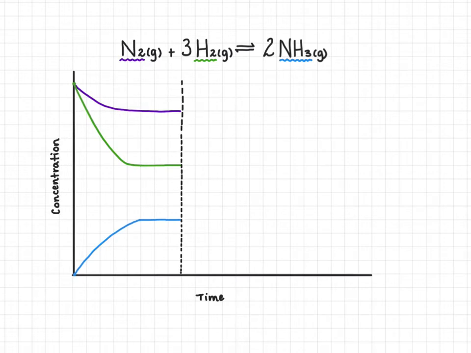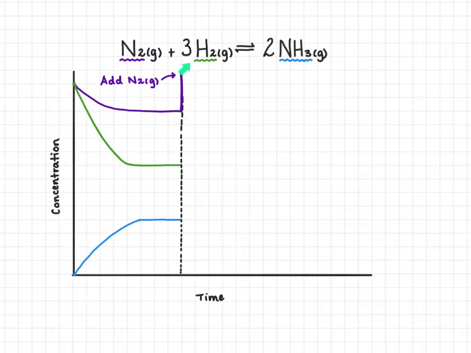So our first stress is going to be adding nitrogen into this system. So we're going to inject nitrogen into the system and we'll see the concentration of nitrogen instantly shoot up. The concentration of the other species, hydrogen and ammonia, don't instantly change.